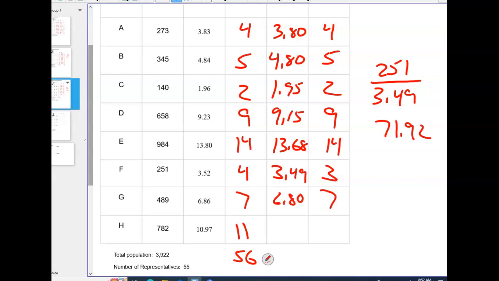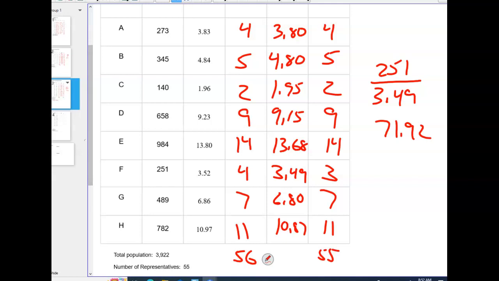That still rounds to 7. And 782 divided by 71.92 is 10.87, and that rounds to 11. Okay, and if I add those up, I end up with 55, which is the amount of representatives I want.